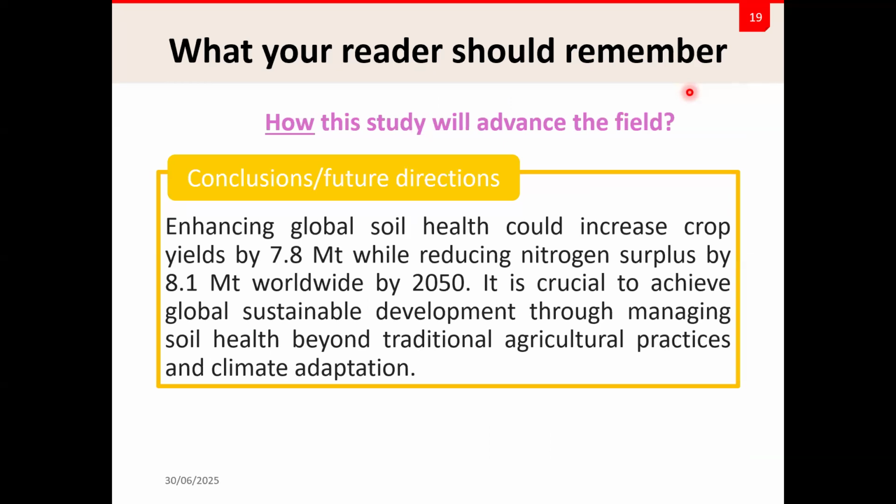Then you can point out some points, like in this case they said enhancing global soil health could increase crop yield by 7.8 metric tons while reducing nitrogen surplus by 8.1 metric tons worldwide by 2050. So it's very specific. They give the figures, they give the values, and then in the second sentence they mention the future directions.